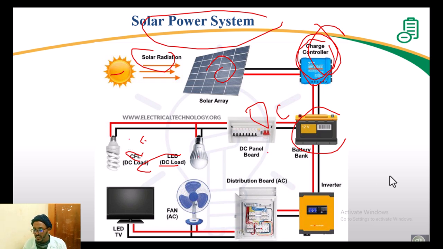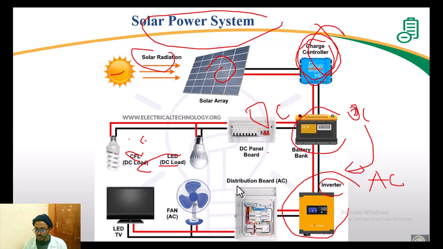The other thing is if we use an inverter, we have DC power and we can convert this DC to AC using the inverter. Then we have the AC distribution board, obviously, so we can run things like a fan, AC or LED TV. This is how the solar panel system works.